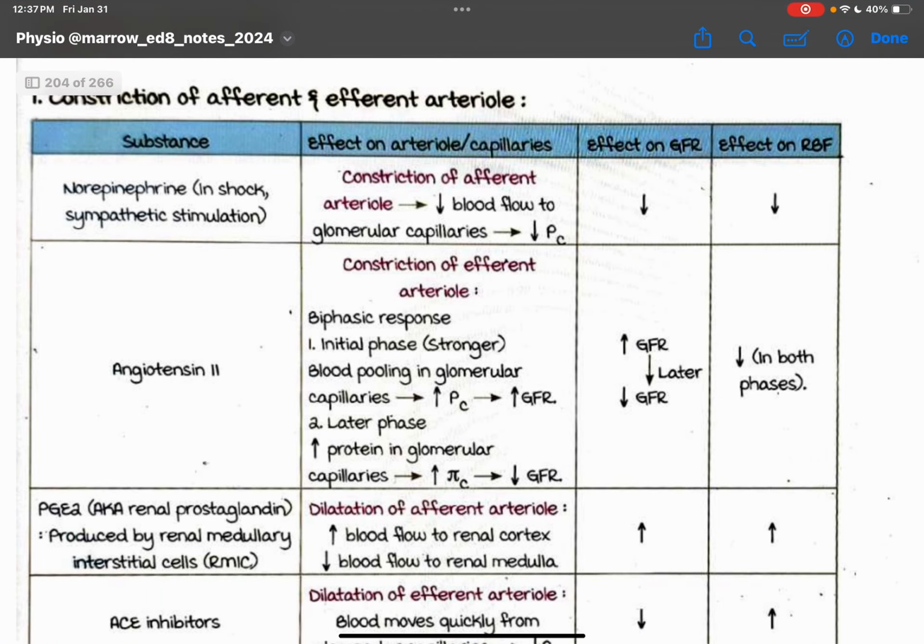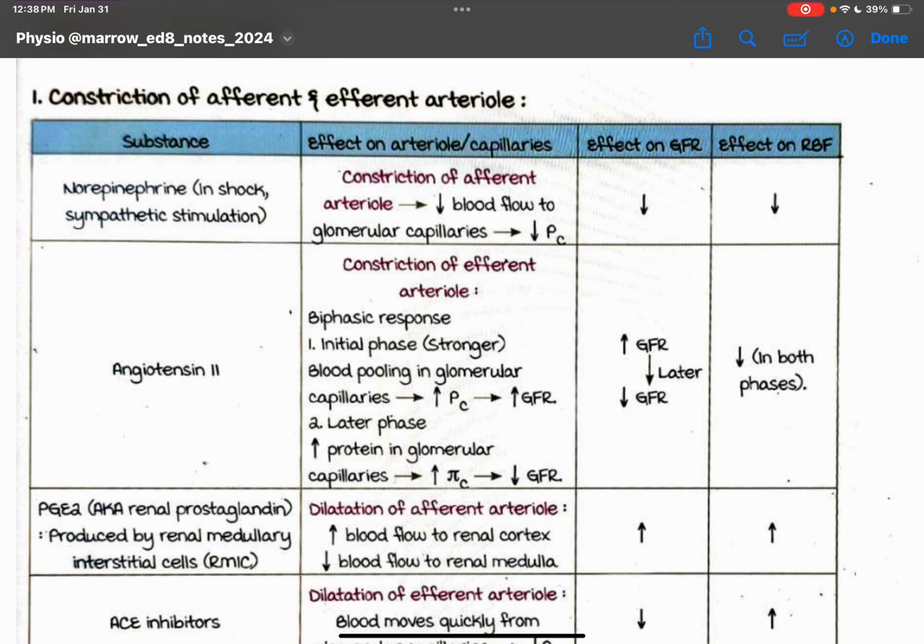Angiotensin II causes constriction of efferent arterioles. It has a biphasic response, and the initial phase is stronger. Blood pooling in the glomerular capillaries increases the oncotic pressure of the glomerular capillaries and increases GFR. In the later phase, increased protein in the glomerular capillaries increases the oncotic pressure of the glomerular capillaries, decreasing GFR.